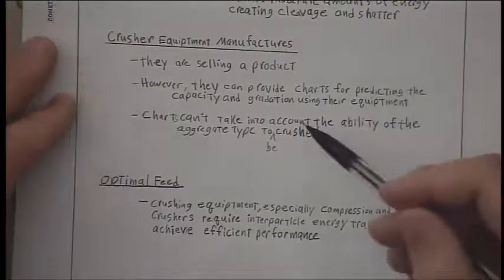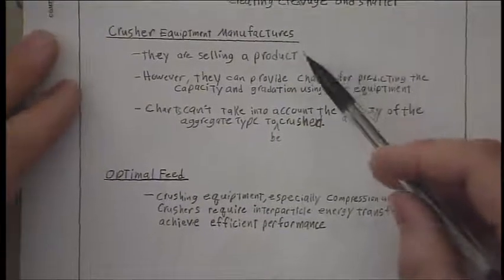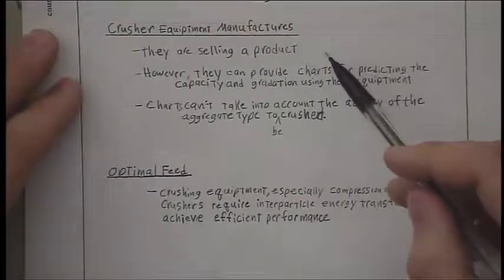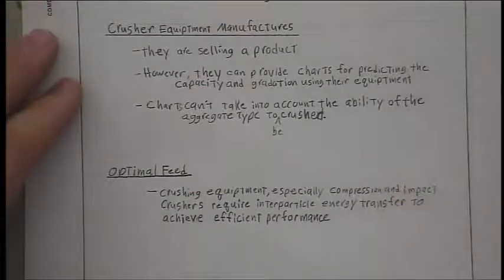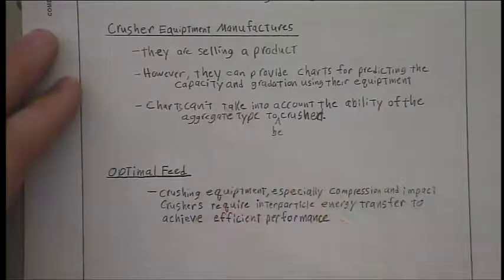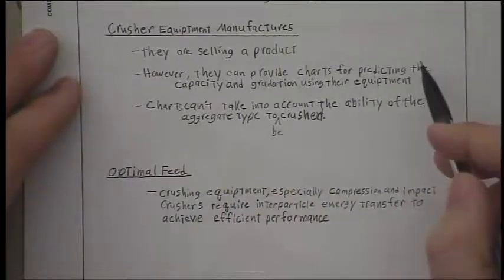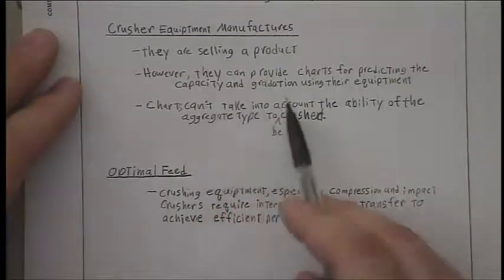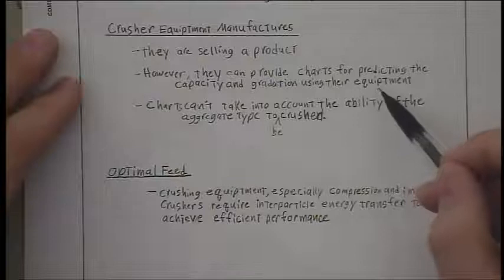And so it's real important. Whenever I was doing a lot of research in crushing equipment, the salesmen have some really cool stuff they like to show you. Again, they're selling products, but they can use a chart to predict the capacity and gradation of the equipment.